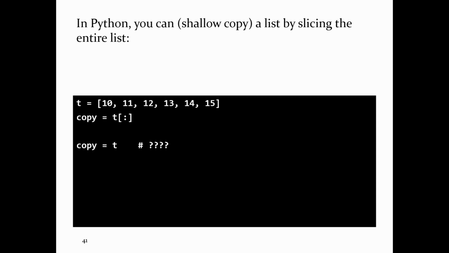Yeah, copy and t are both names for the same list. They're both aliases for the same list. So there's not a new list here, there's just another variable that happens to refer to the same list that t does. If they had told you that t here was actually a reference to this list, then you could infer that copy is also a reference to that list. So you don't want to write that. That doesn't actually make a copy.